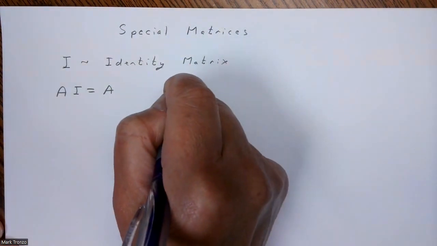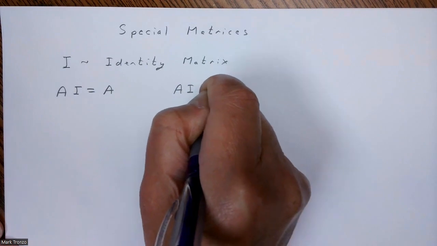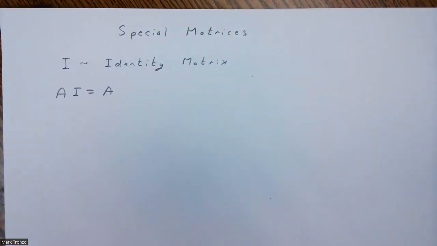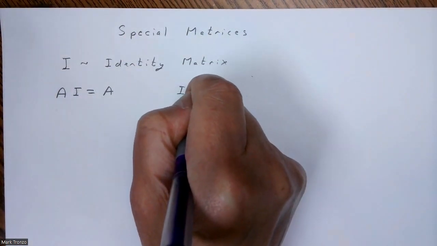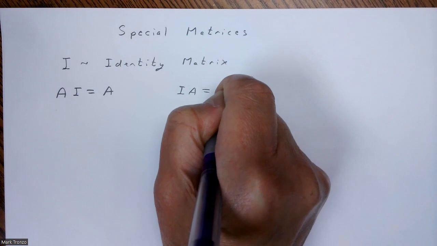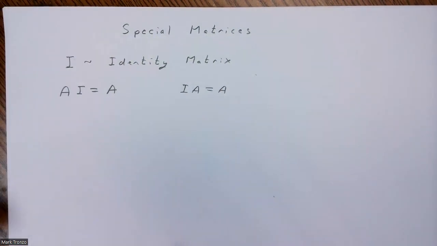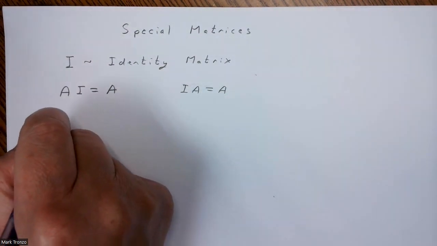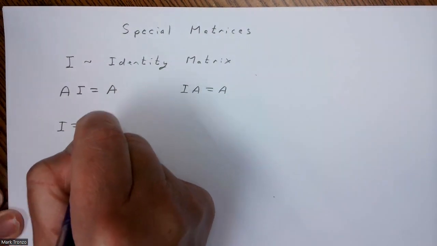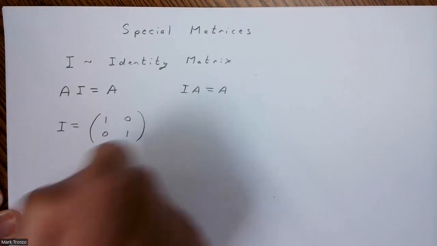Or if you take I times A on the other side, you'll once again get the matrix back. And so the identity can be a 2x2, and when it's a 2x2, it'll look like this.